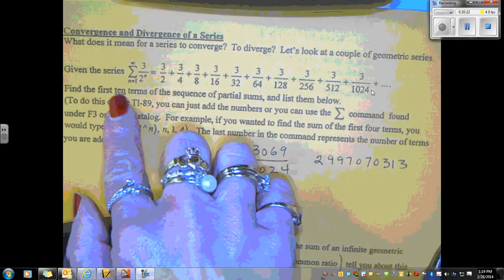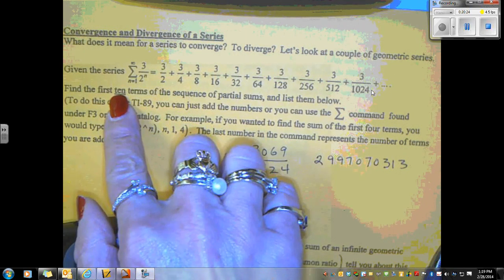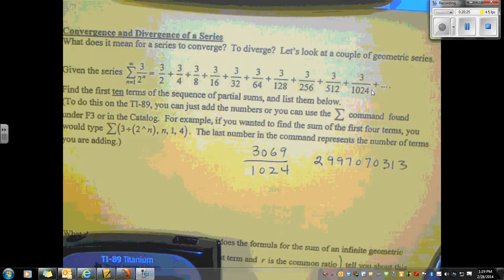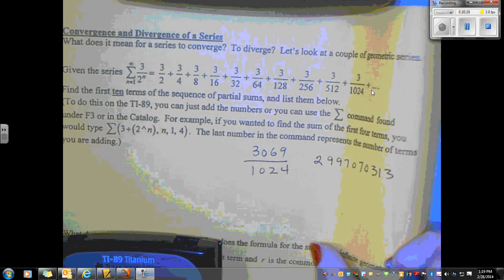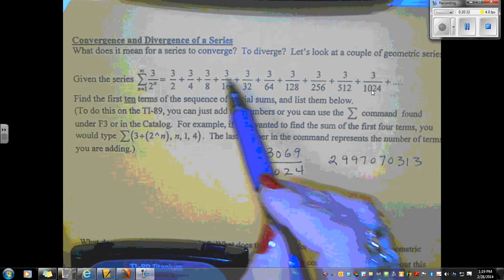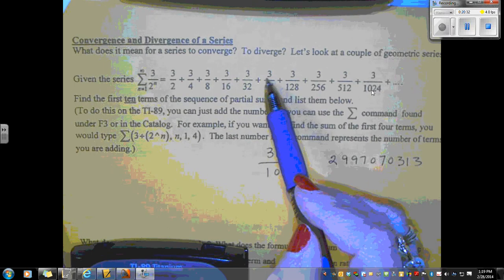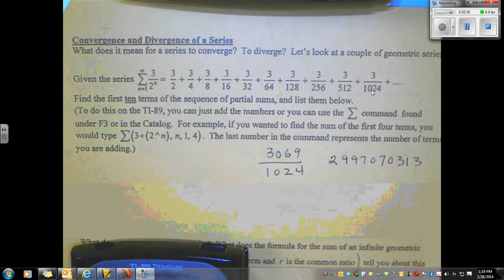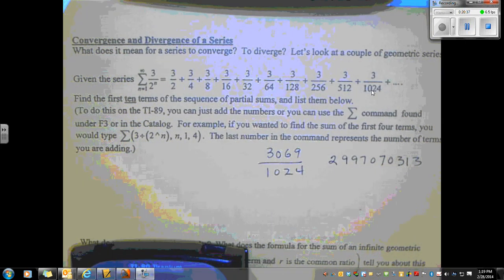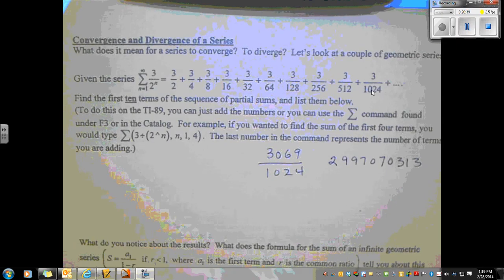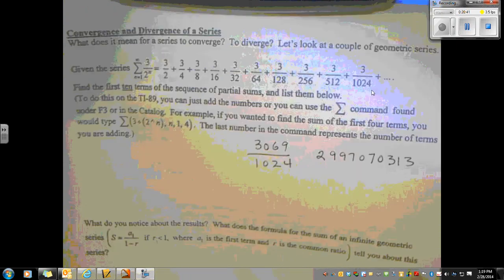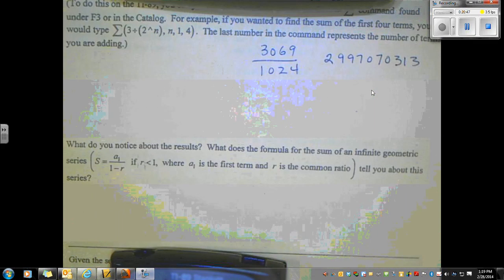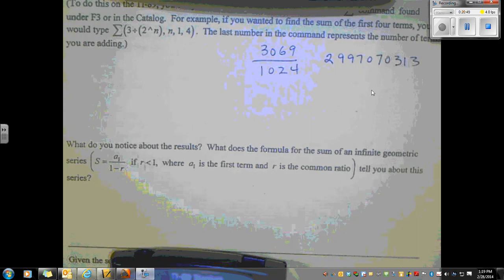It said up here, find the first 10. So what do you notice about the results?